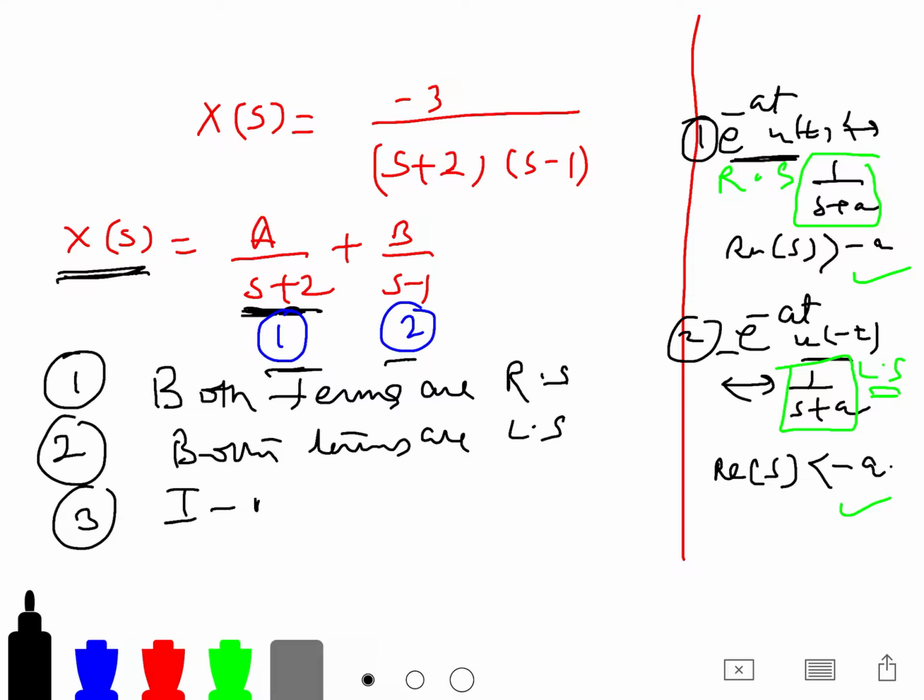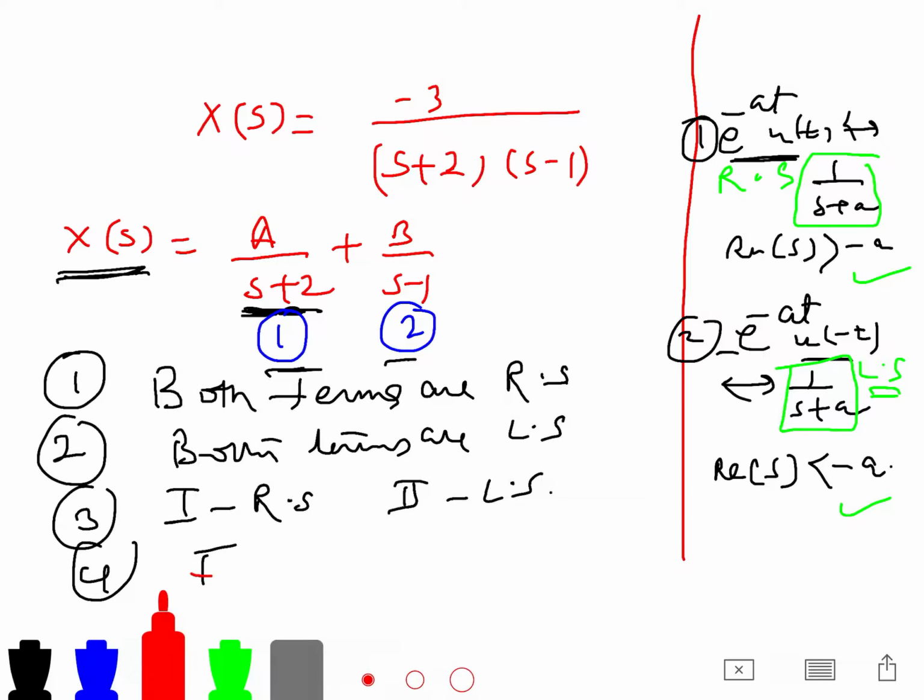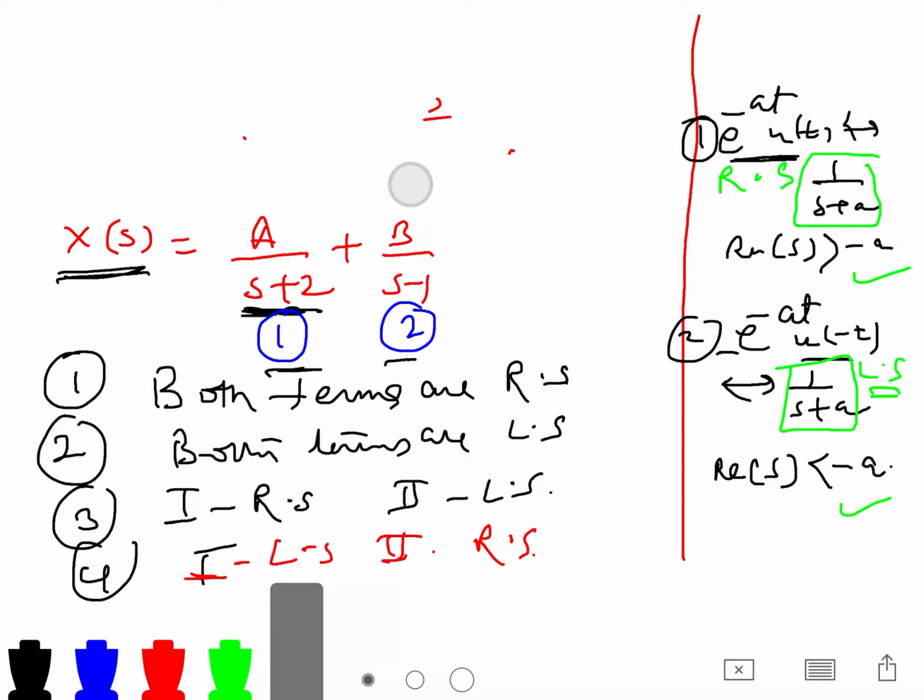Third condition, first is right-sided and second is left-sided. Fourth condition, first is left-sided and second is right-sided. Now write the Laplace transform for the given function.